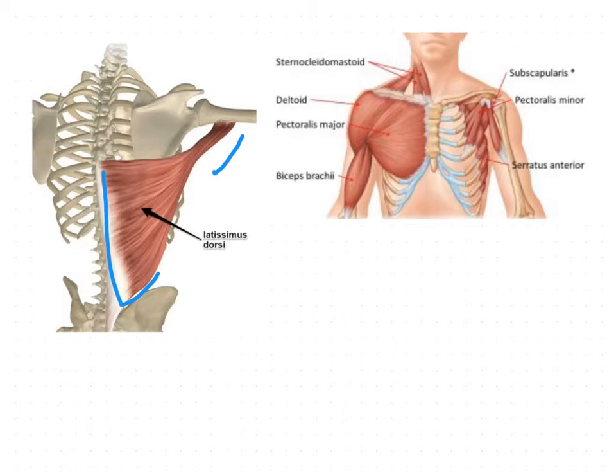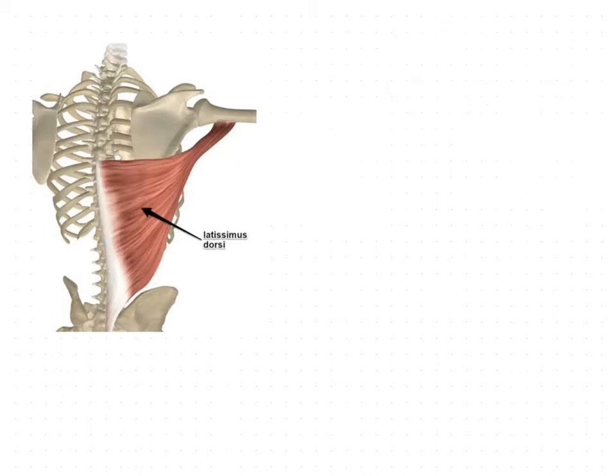Here when the upper extremity is weight bearing or restricted, the latissimus dorsi will pull the pelvis upward. So here the latissimus dorsi is attached to the pelvis. So this is the attachment. So it pulls the pelvis upwards toward the scapula and humerus.